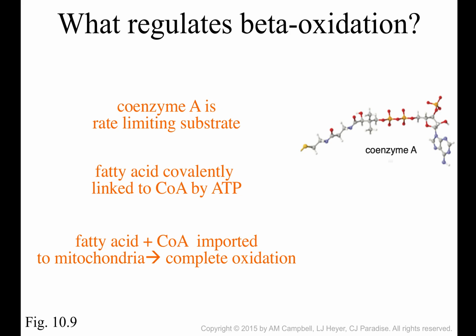And you do that for every 2-carbon molecule you pulled off the fatty acid. So one fatty acid molecule, if it's a 16-carbon molecule, you're going to go through the citric acid cycle 8 times.